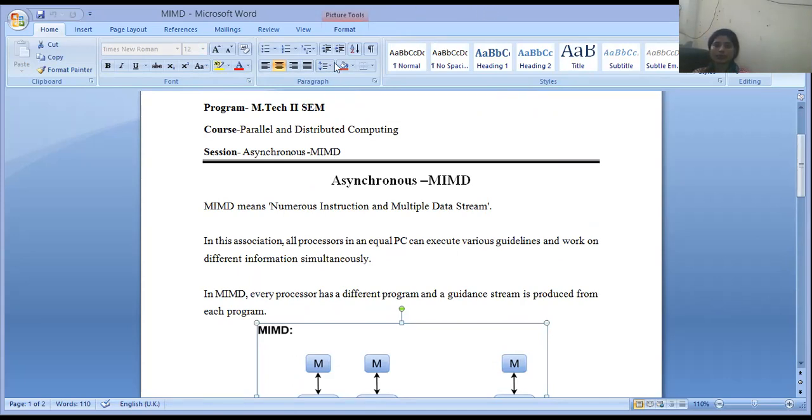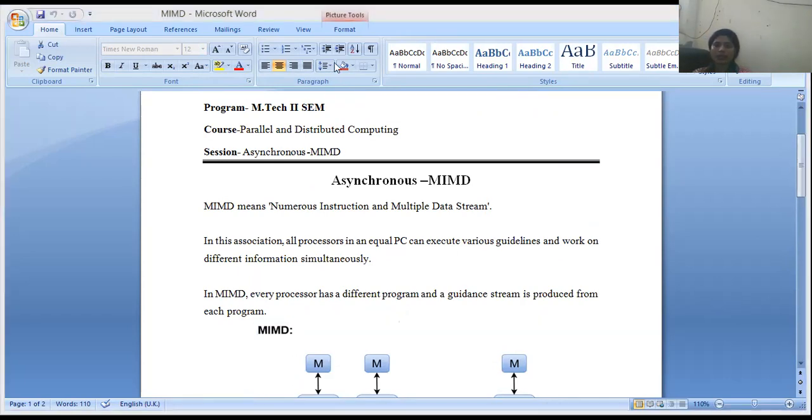Now, talking more about MIMD, we can say that MIMD is a multiprocessor machine capable of executing multiple instructions on multiple data streams.